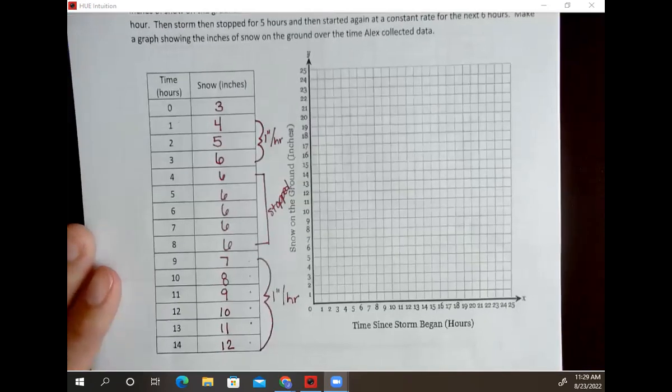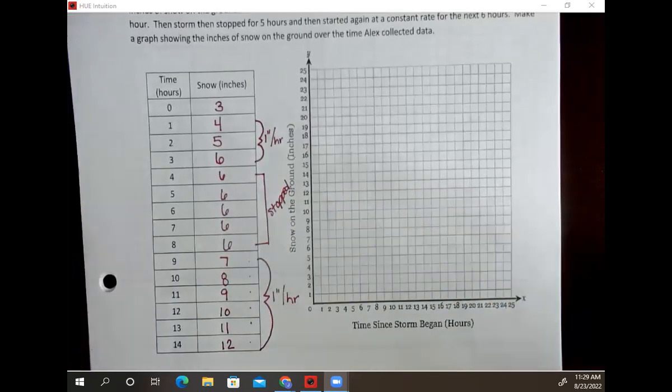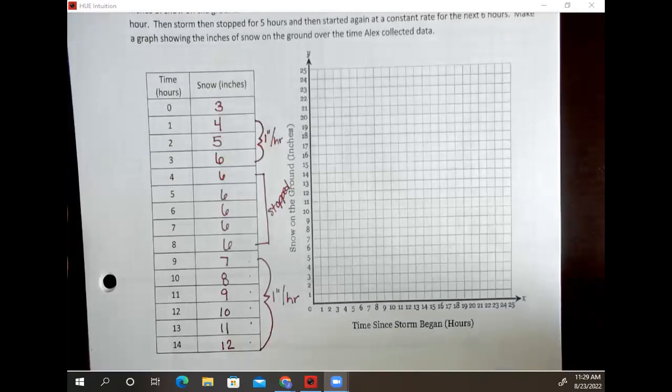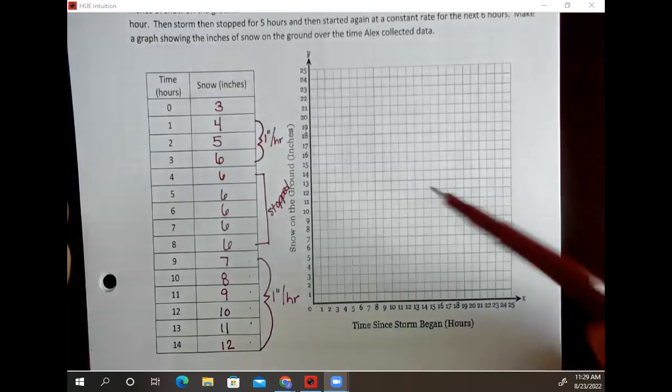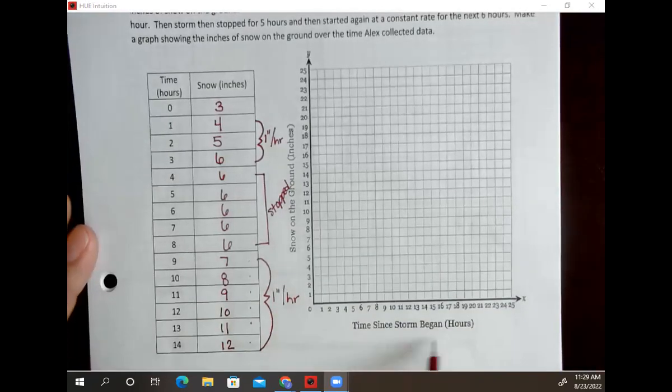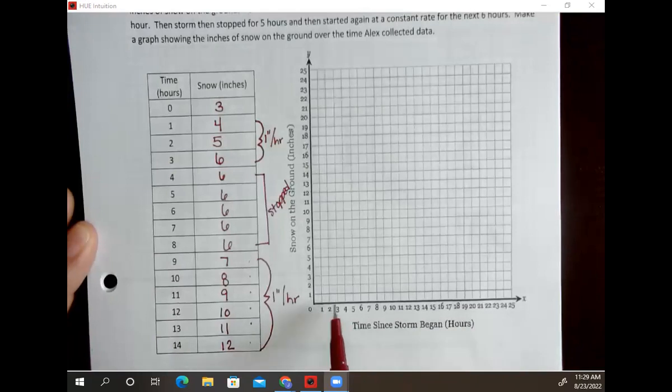Put this up here. Now, notice for the coordinate plane that we have, our axes are already labeled. We've got our x-axis and y-axis labeled with descriptions, and we also have labels for each grid line, what each of them represent.